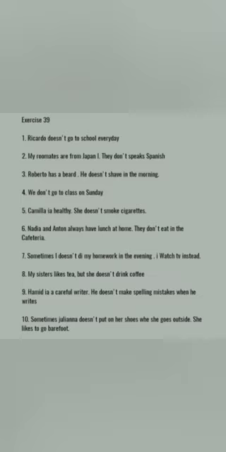He doesn't make spelling mistakes when he writes. And now is number 10. Sometimes Juliana doesn't put on her shoes when she goes outside. She likes to go barefoot.